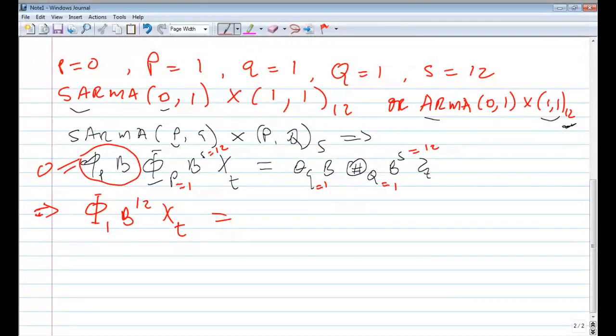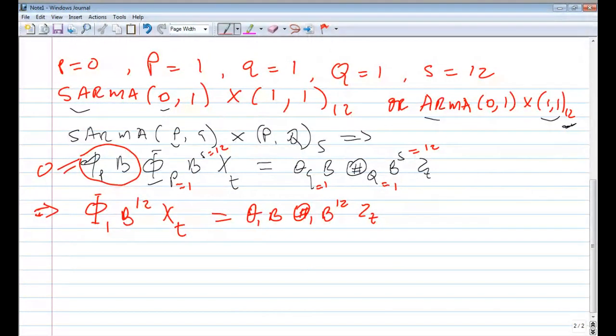That is why we are using capital phi 1 B to the power 12 x_t. The same applies to the right hand side. You are going to have theta 1(B), capital theta 1 B to the power 12, then z_t. This is our process in backshift operator.